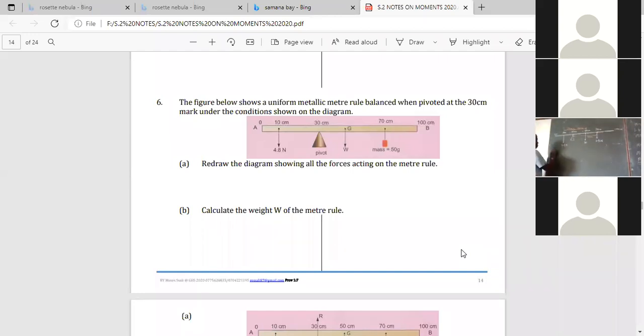We take moments about the pivot. Clockwise moments and anti-clockwise moments.